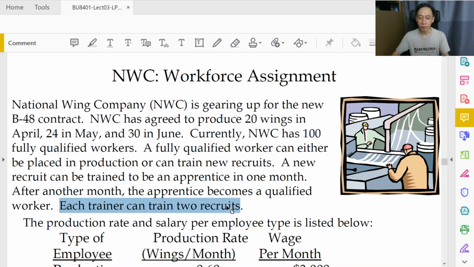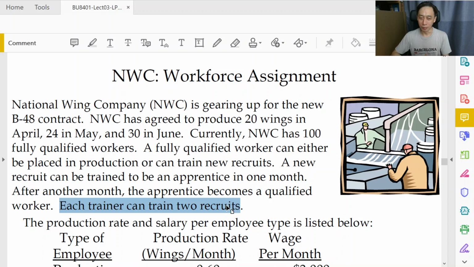So each trainer can train up to 2 recruits because they're apprentices. The attention has to be there. Let's say the company policy says each trainer cannot take care of more than 2 recruits. Sounds reasonable, and it is this part that we will encounter some difficulty.